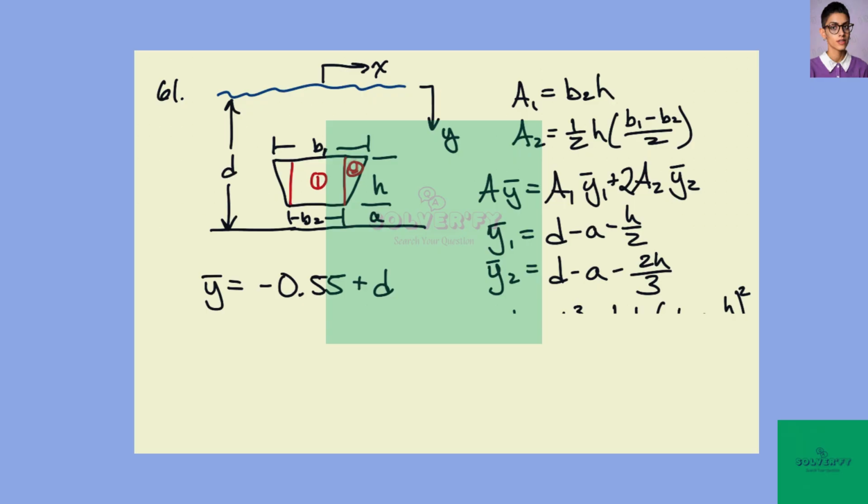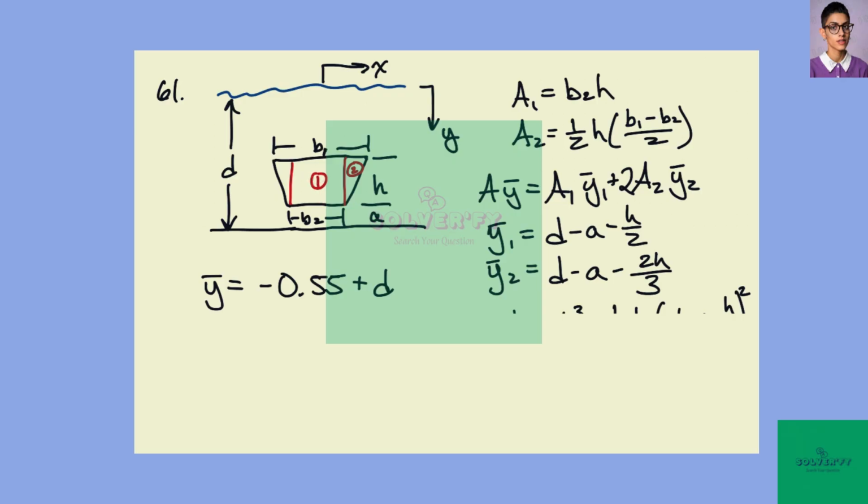Likewise, for the centroid of each of these triangles, we have to go down d, up a, and then up 2/3 of h to locate the centroid of each of the triangles. We can plug everything in, and we wind up getting that y bar equals 0.55 plus d. So let's see here. Yeah, so about 0.55 up from here. Okay, so somewhere in this region here.